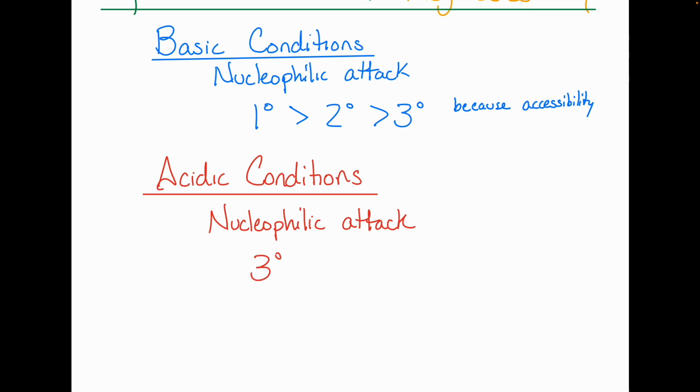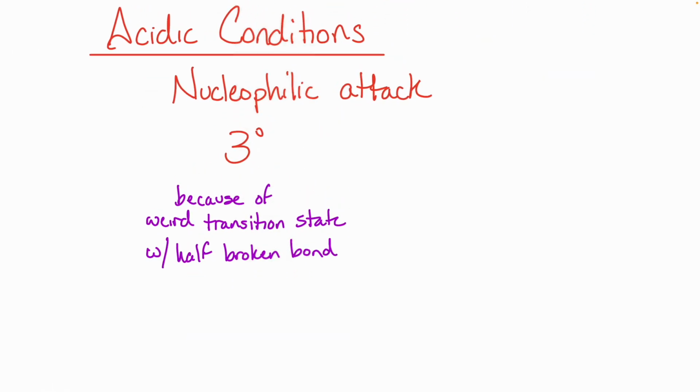And again, this is because of that weird transition state with that half broken bond. If there's no tertiary carbon though, then you don't have to worry about it at all. And it's just that regular old accessibility argument.